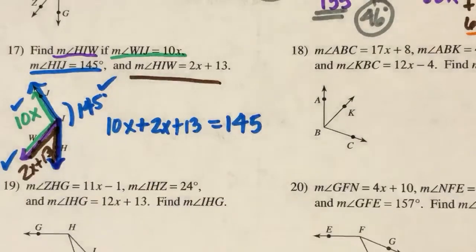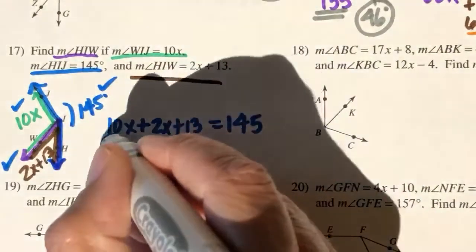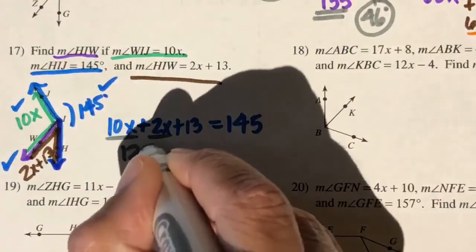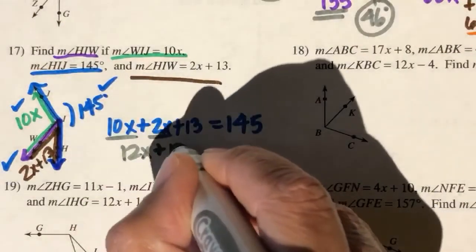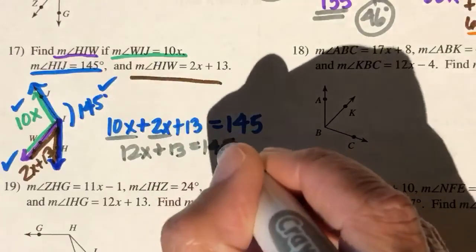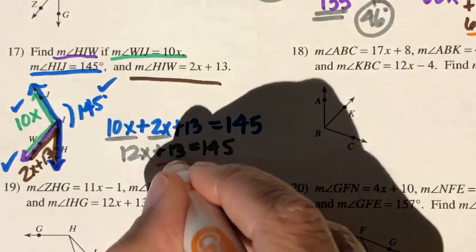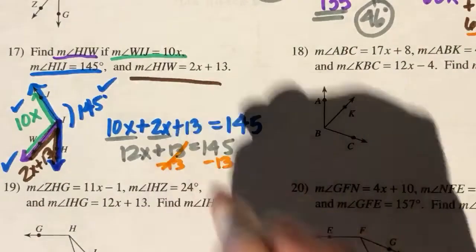So now that I've got these set up, I'm going to do my algebra. I'm going to combine like terms. I've got 10x and 2x, that's 12x, plus 13, because that doesn't have any buddies, equals 145. Now I want to solve for x, so I'm going to subtract 13 from both sides.